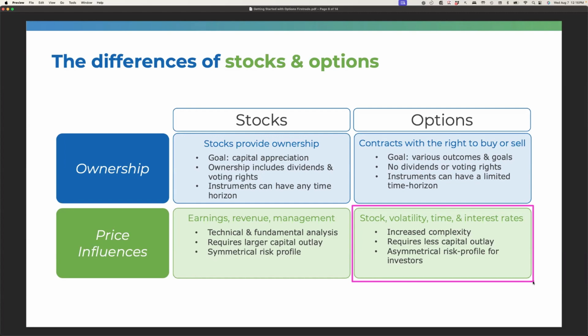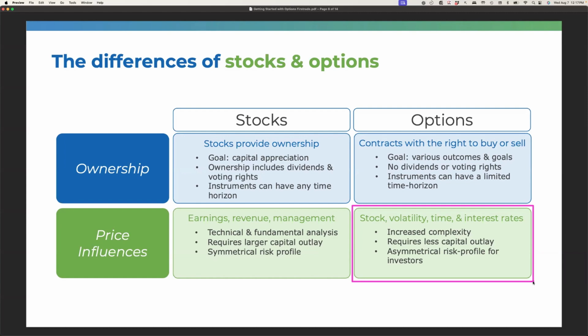However, it requires less capital outlay, meaning because you're just buying an option and you're not buying the actual underlying security, you actually only put up a fraction of the capital to buy the specific option, whether that's a call or a put option. And that gives you, to some degree, leverage on the directional view.